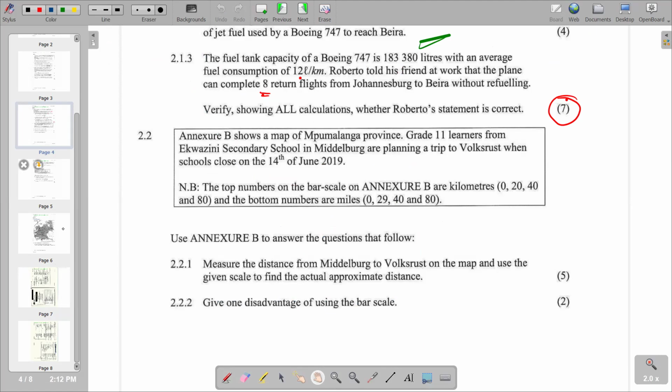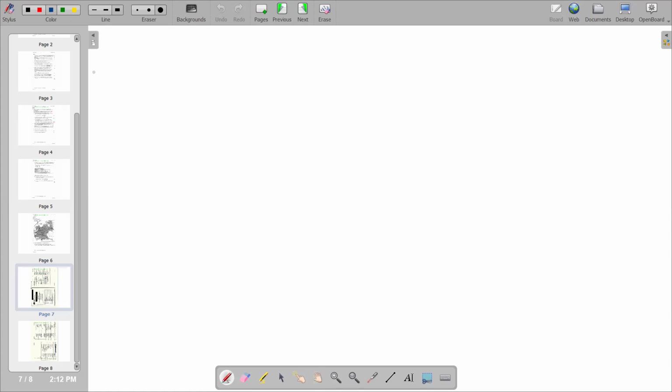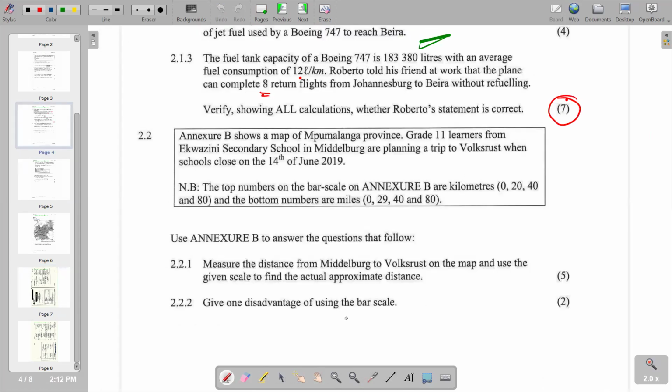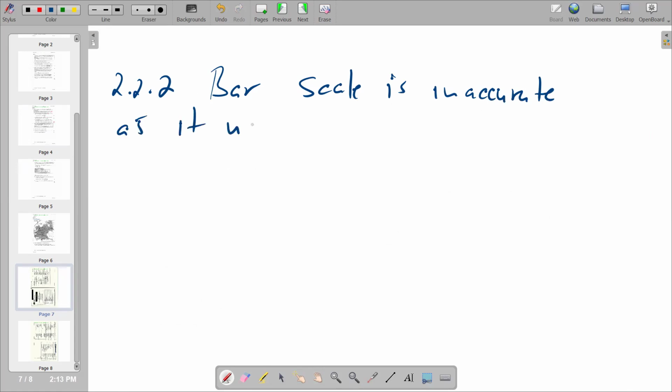So for this 2.2.2, as our question is saying, disadvantage of using bar scale: the bar scale is inaccurate as it uses estimates. So this can be a disadvantage that we can include there.